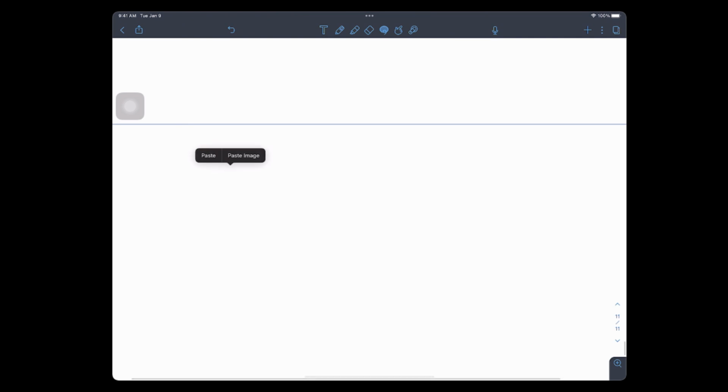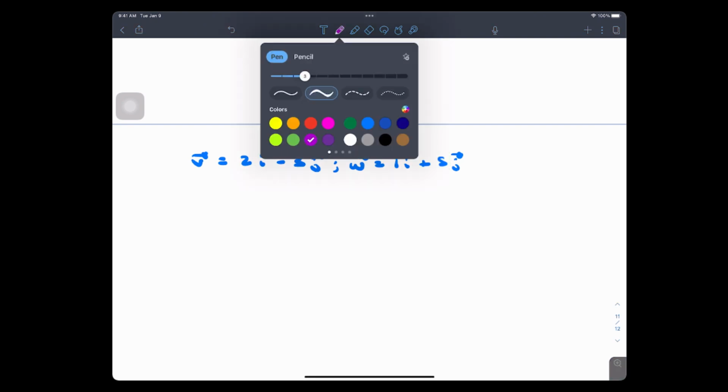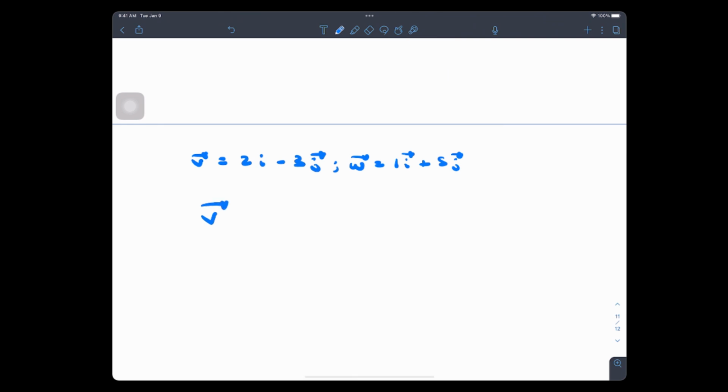If you remember beginning algebra, you go, what do I mean by beginning algebra? You take vector V, you add it with vector W. What does this have to do with beginning algebra? Do you guys remember combining like terms? Anybody know what I'm talking about? How did you combine like terms?